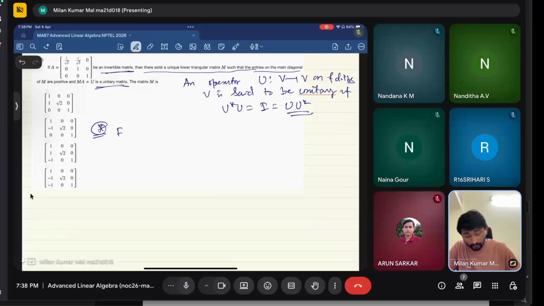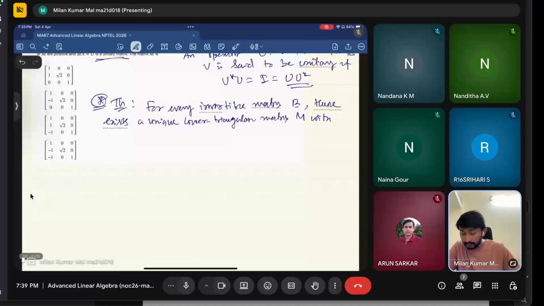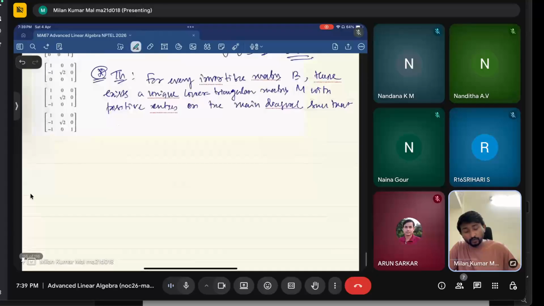For every invertible square matrix B, there exists a unique lower triangular matrix M with positive diagonal entries on the main diagonal such that MB is U, a unitary matrix.